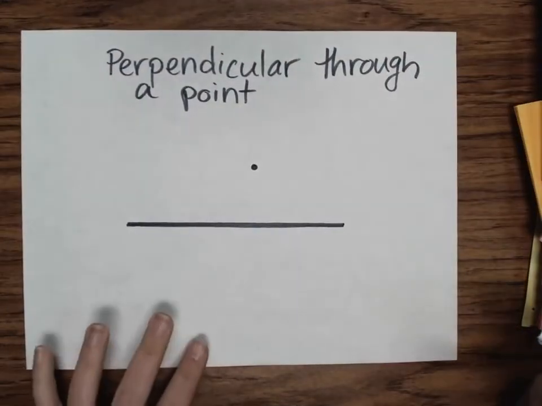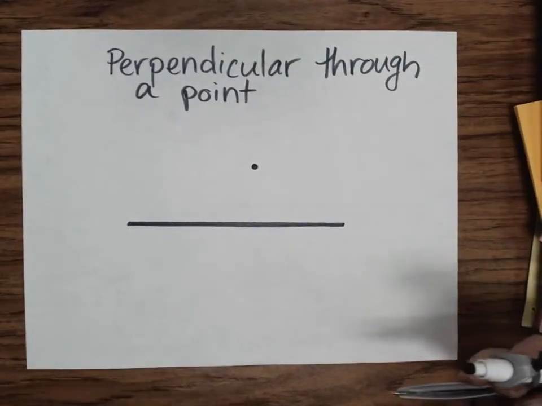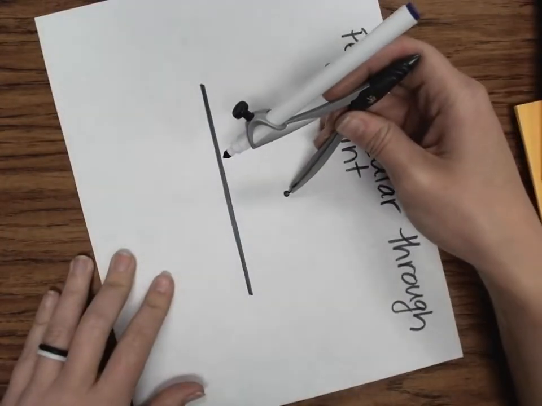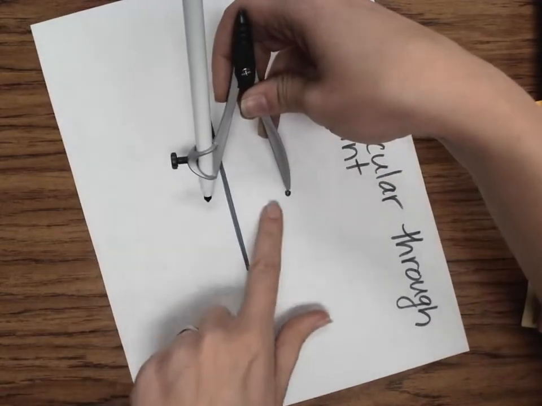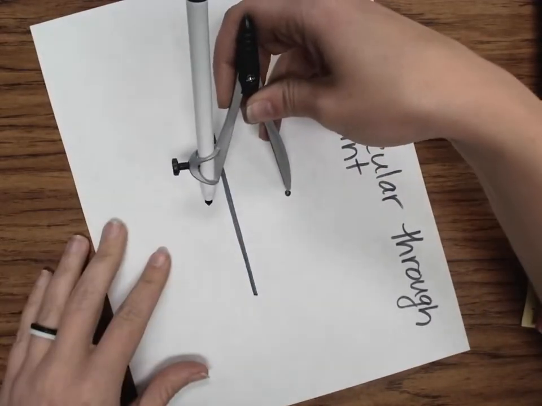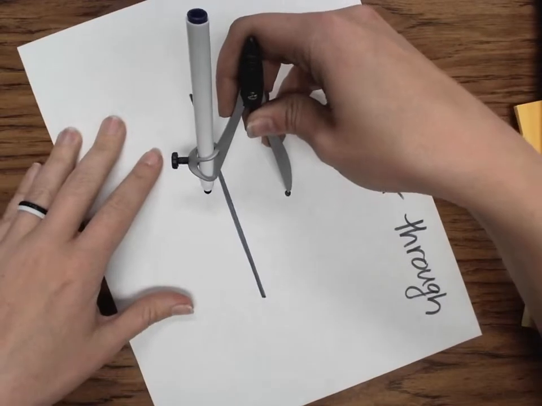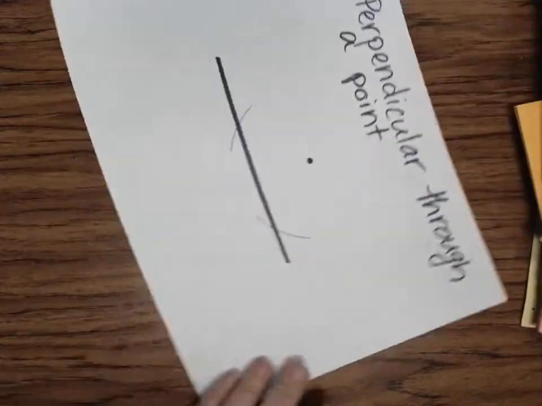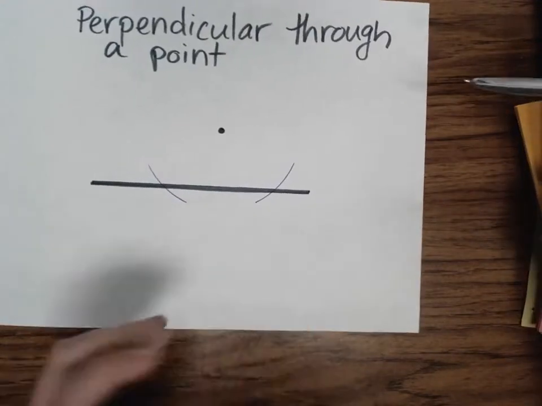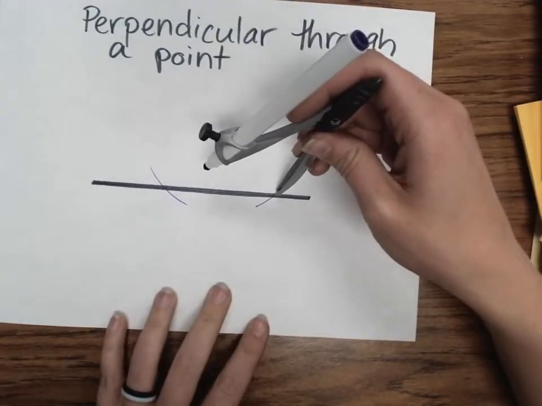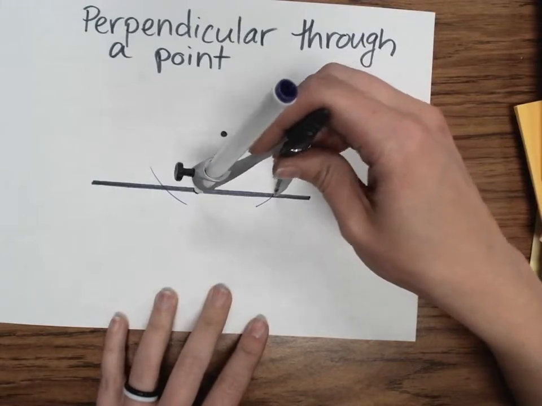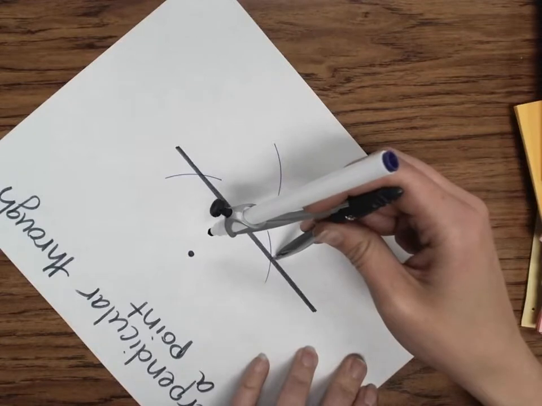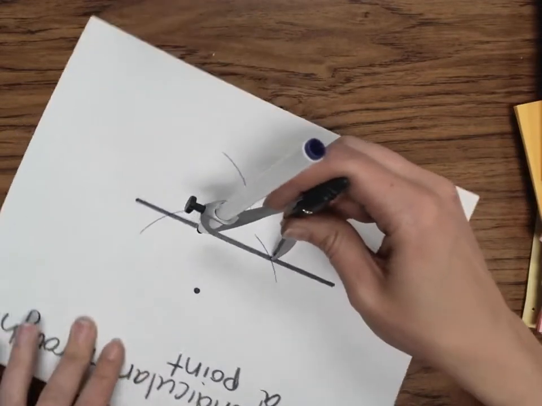Okay, perpendicular through a point not on the line. Really, it's the same process as the other one. So put your compass on this. The only difference is you will need to make sure this is somewhere past the line, otherwise it's not going to cross your line. So you put your compass on that point, and then just make arcs that cross your line in two places, and then just like before, you're going to go to where those intersect, and make an arc from one, and again, this time you can do it above or below, it doesn't really matter.